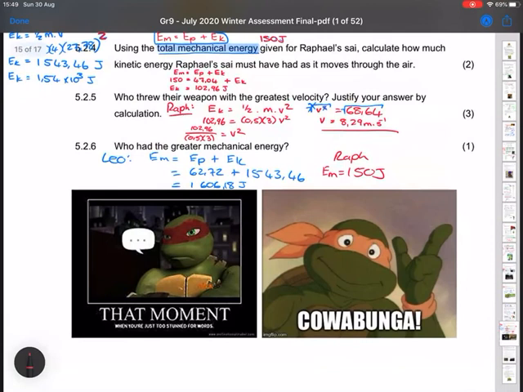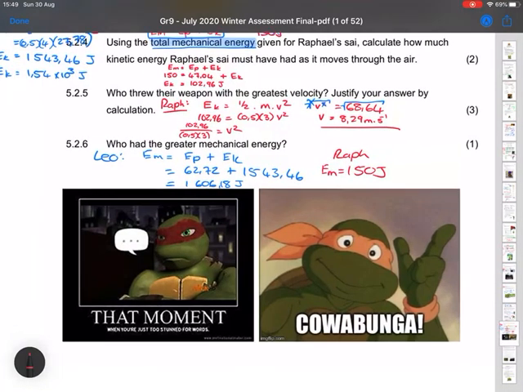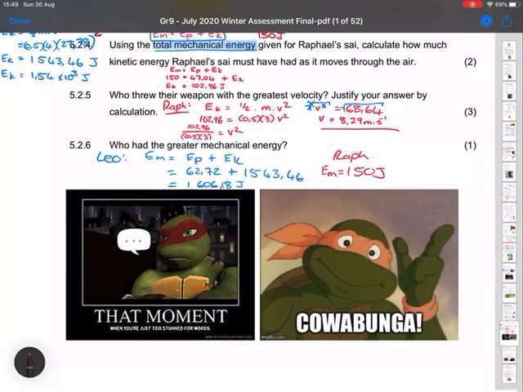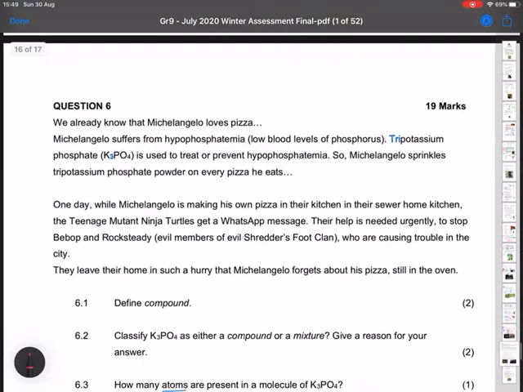Okay, so Leonardo's 1606.18, Raphael just 150, so obviously Leonardo's mechanical energy was much greater. You didn't have to show the calculation, you just had to say Leonardo. But if you didn't realize that the 1500 and the 60 odd was much greater than that, then this is how you do it. So Leonardo's was greater.